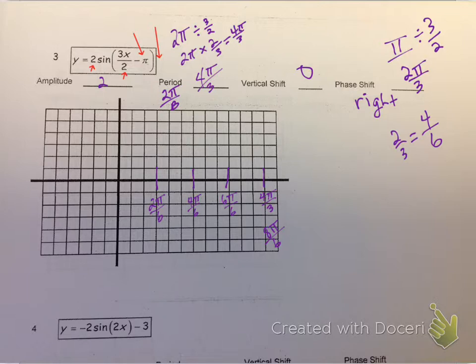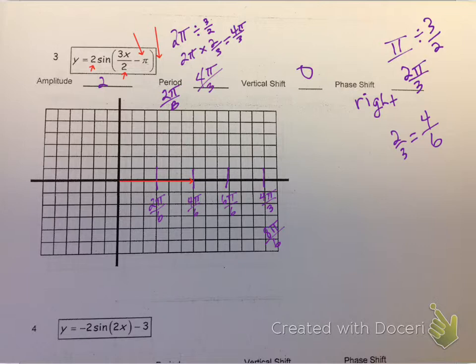And I do see that down here, 4 pi sixths. So my phase shift is going to the right that far. Pretty good to know. So if I can do this graph and just move all my points over the 2 purple marks, I'm good. You got it.